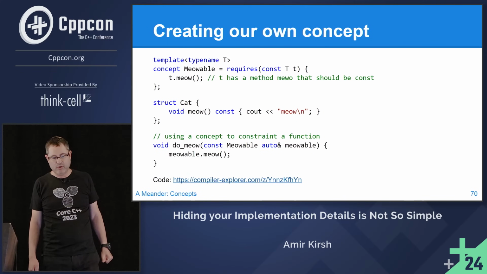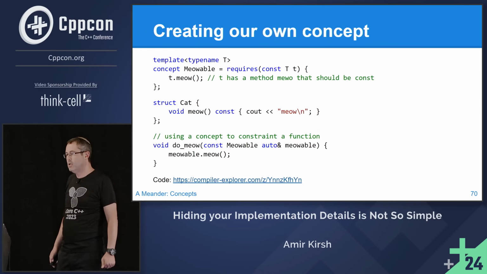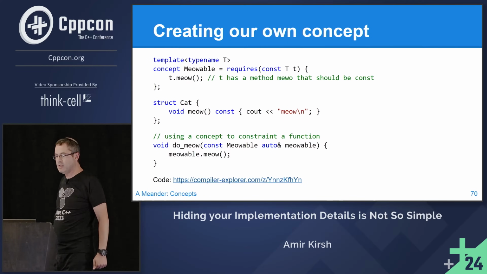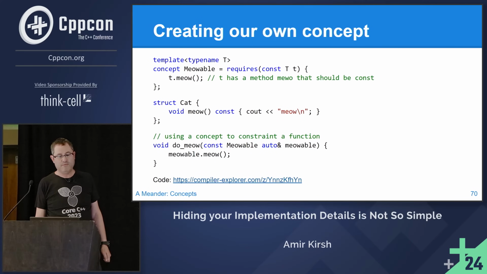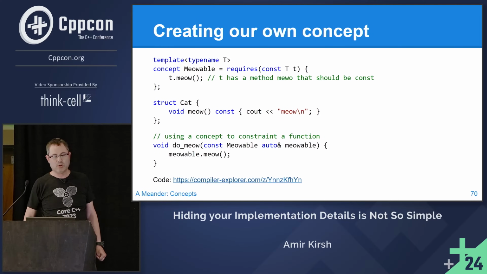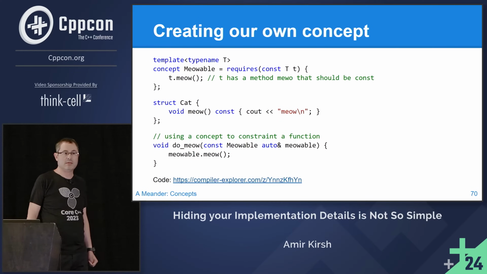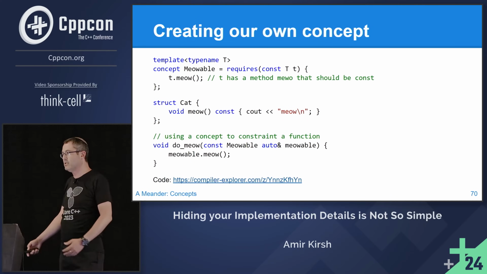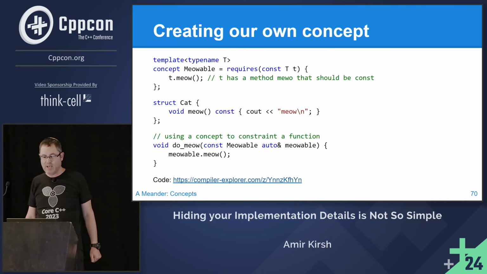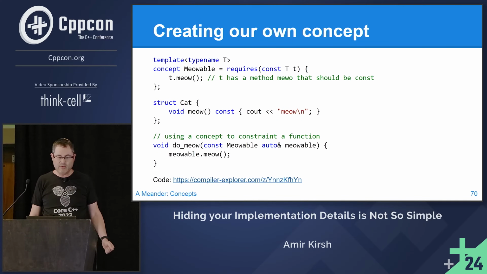So here we have an example of a concept, meowable. A meowable is a thing that can meow. A meowable requires a const function on t, because I get a const t, that is called meow and doesn't get any arguments. So a cat is a meowable because cat does have the meow function.